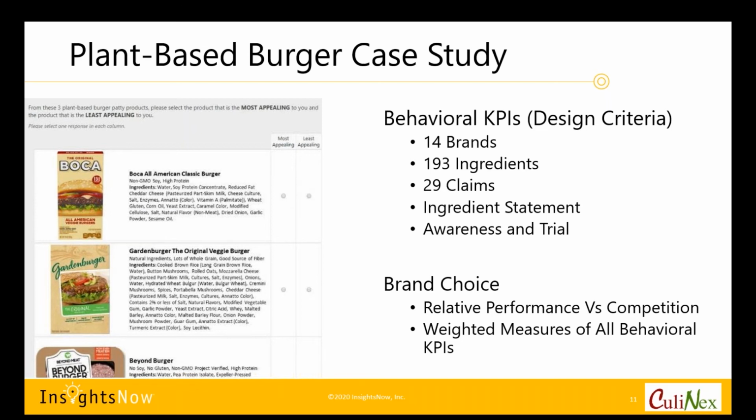In each set, they said which is the most appealing and which is the least appealing, which gets you a ranking. And from that, we're able to get metrics, KPIs of brand choice, so you can really look at the relative performance against the competition. And most importantly, you can create a weighted measurement to predict brand choice based on all the behavioral KPIs.